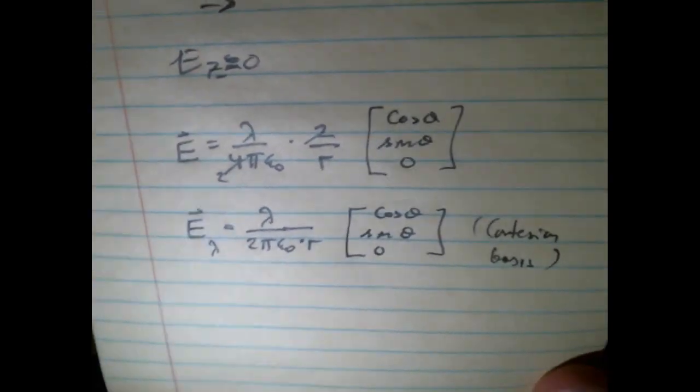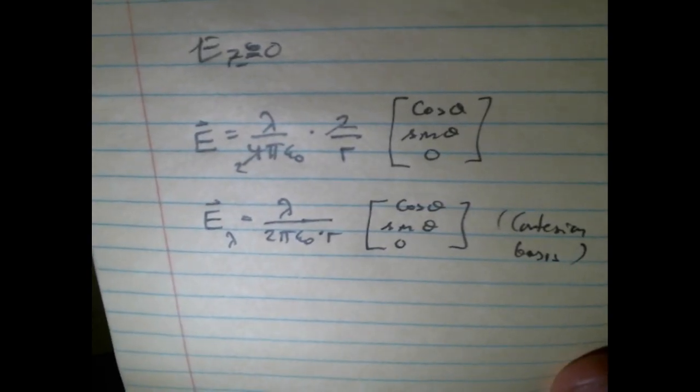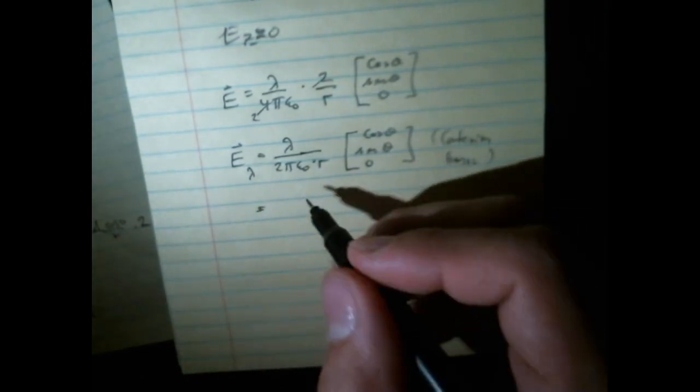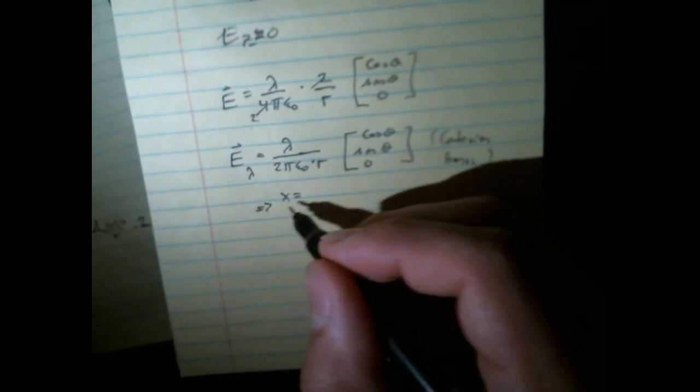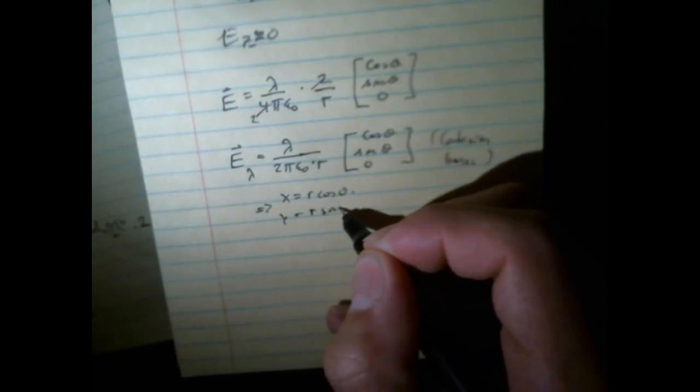If we want to, for example, turn this into the polar basis, we can use a rotation matrix, but this kind of makes very simple sense. And so we can even transform this back and just recall that we said that x is equal to r cos theta and y equals r sine theta.